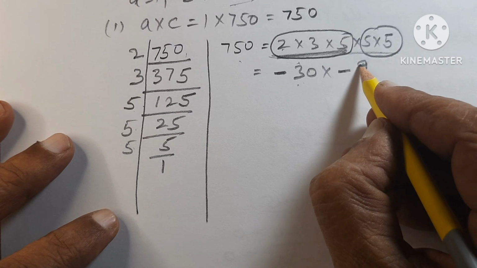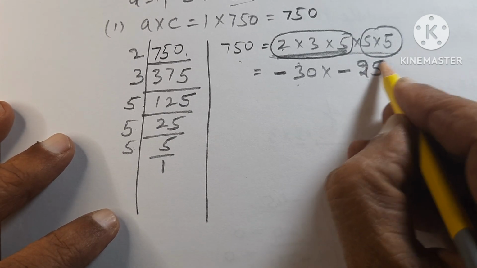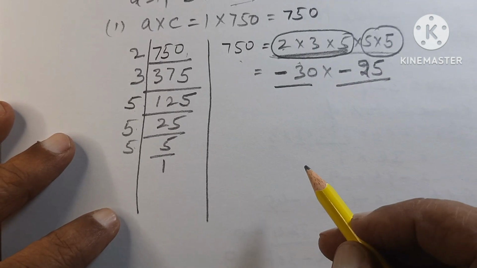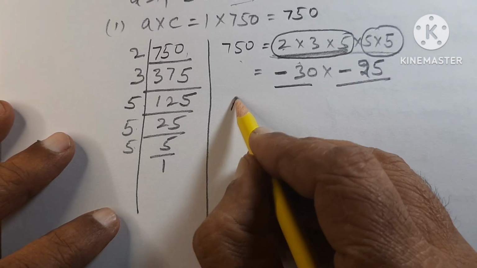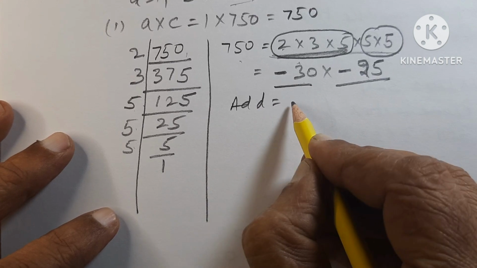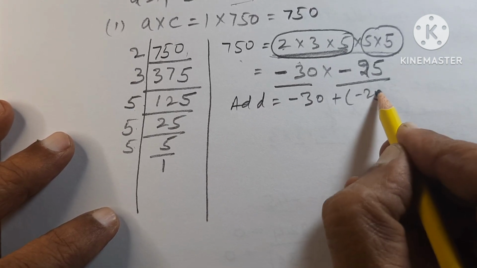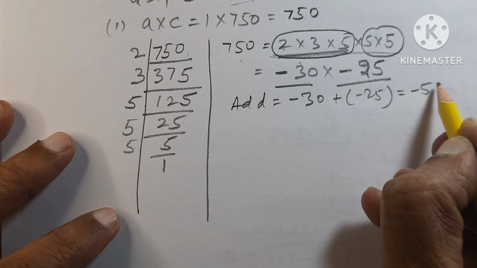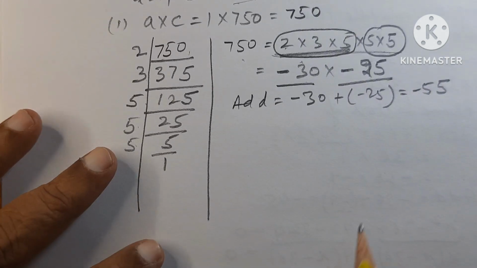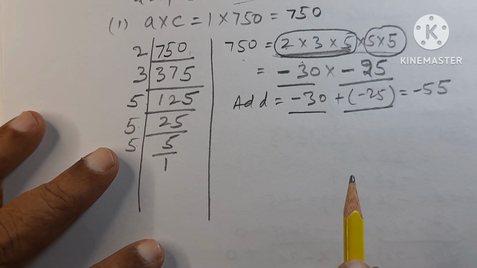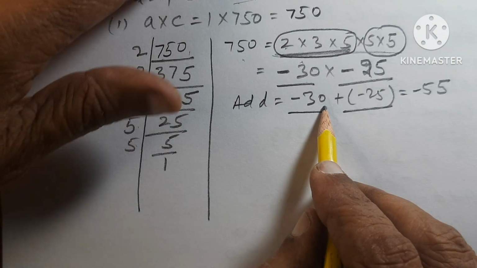My requirement is minus 30 and minus 25, because when you add these, minus 30 plus minus 25 is equal to minus 55. So my required factors are minus 30 and minus 25. This is how you can find the factors.